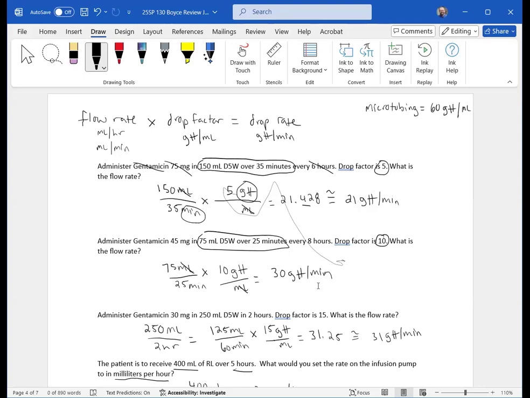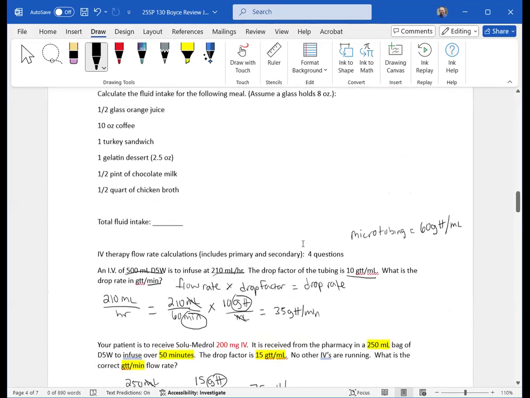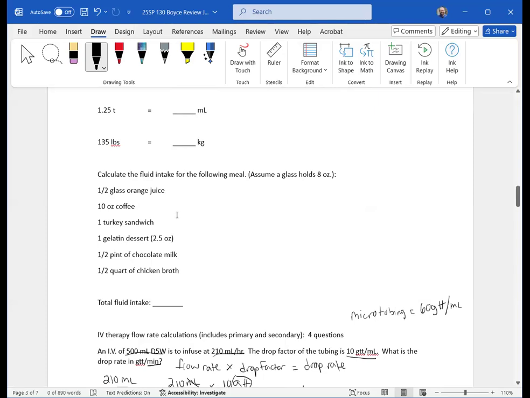One of the big household to metric conversions you're going to do is that fluid intake type question where you take the different volume liquid, typically in ounces or pints or quarts or cups, and then convert it to mLs. Last semester, I had a lot of students that when they did this, they would just find the ounces for everything first, and then take that number, multiply by 30, and then give the ml answer.